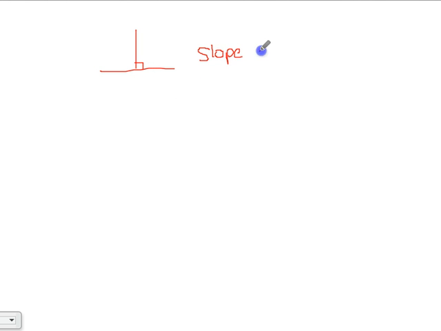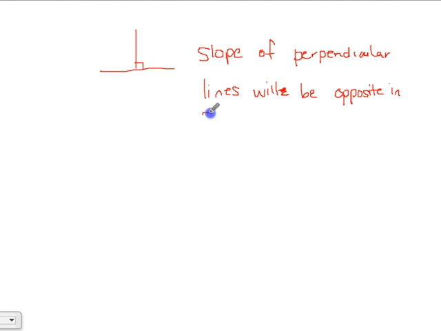And the slope of perpendicular lines will be opposite in sign and reciprocals of one another.